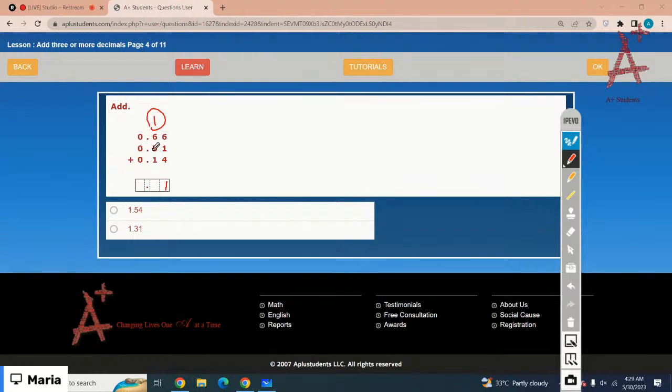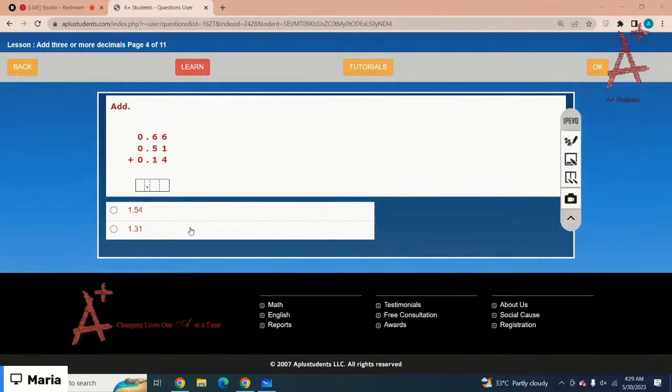It would be 6 and 5, 11, 1, 12 and 1, 13. So it would be 1.31. So the correct option is 1.31. Very good.